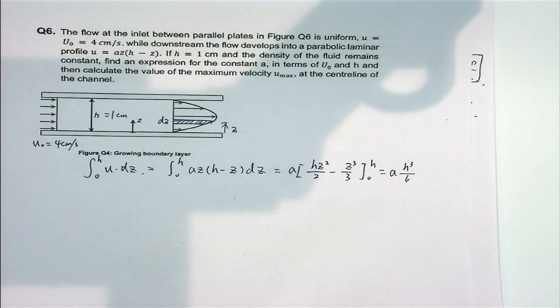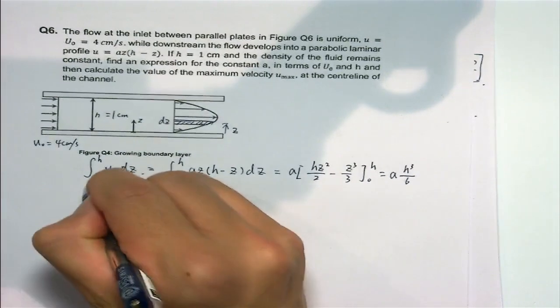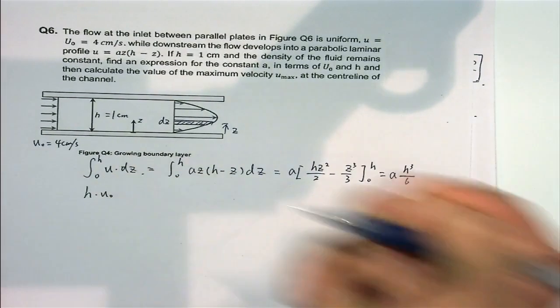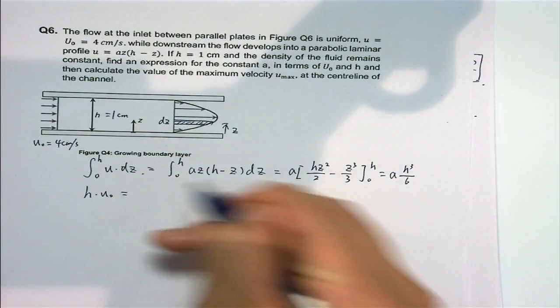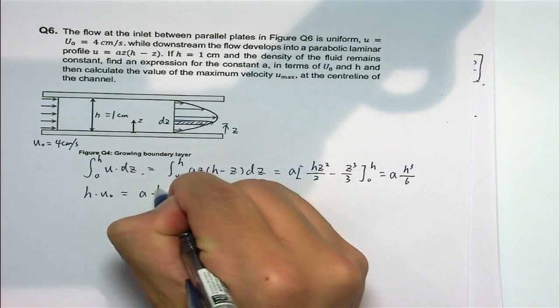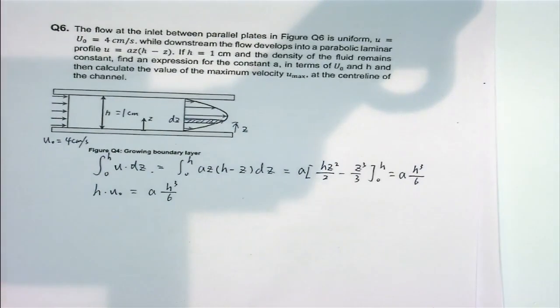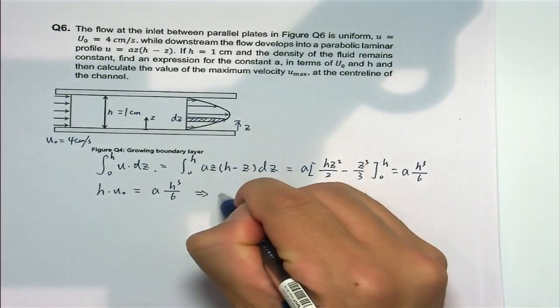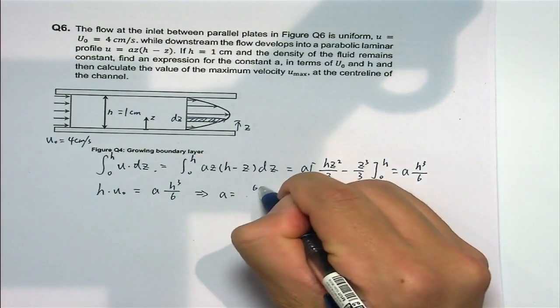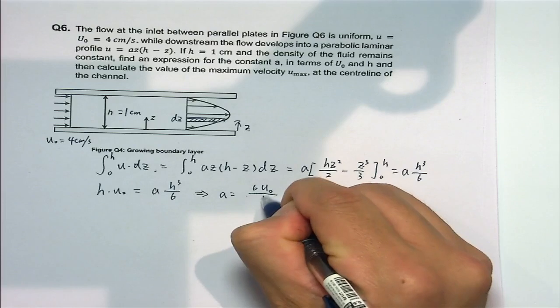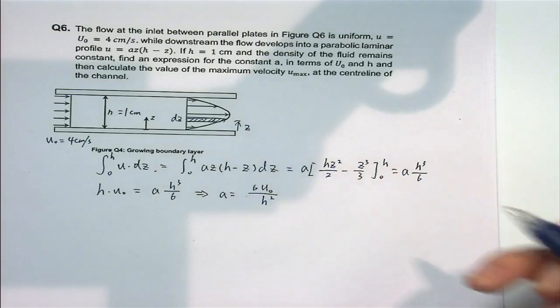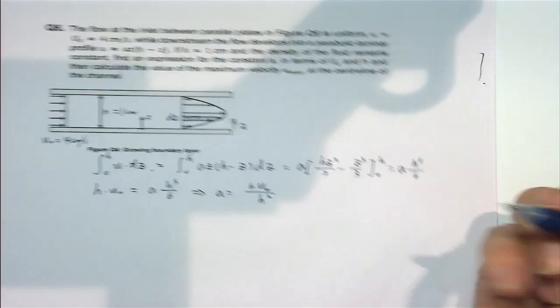So the left volume flow rate is h u0, which is uniform. So we can get the expression, the A is 6u0 over h squared. Right?